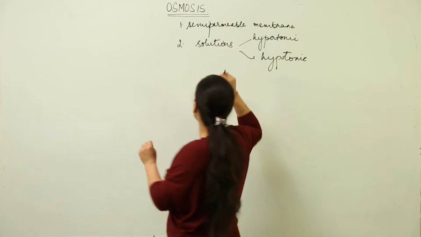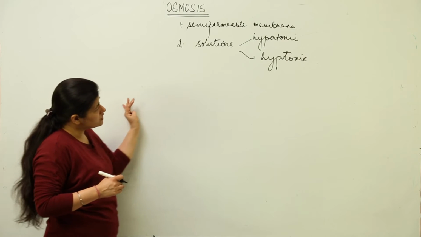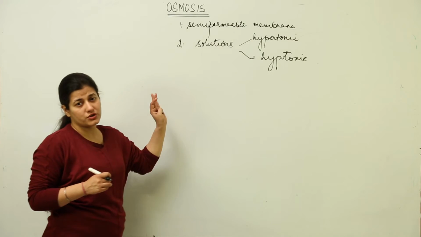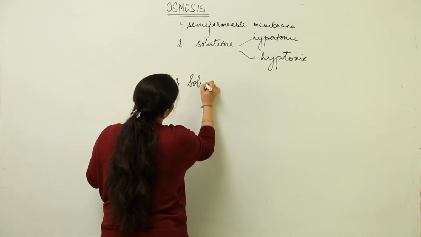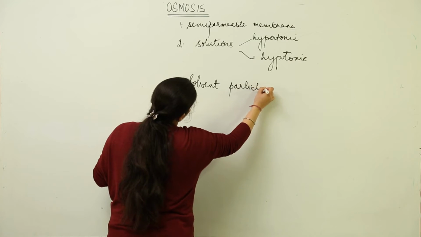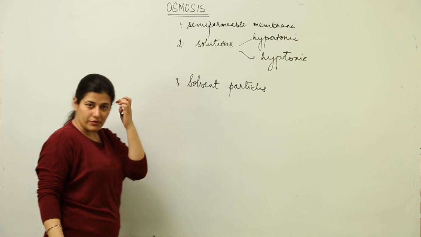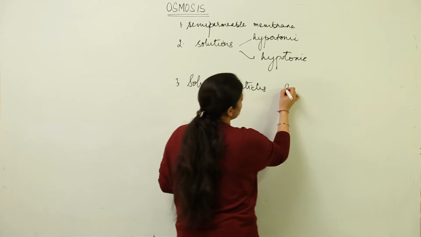So we have the semi-permeable membrane, we have the solutions, and the solutions show the movement of solvent particles or molecules which move across the membrane. The last thing is solvent particle diffusion.